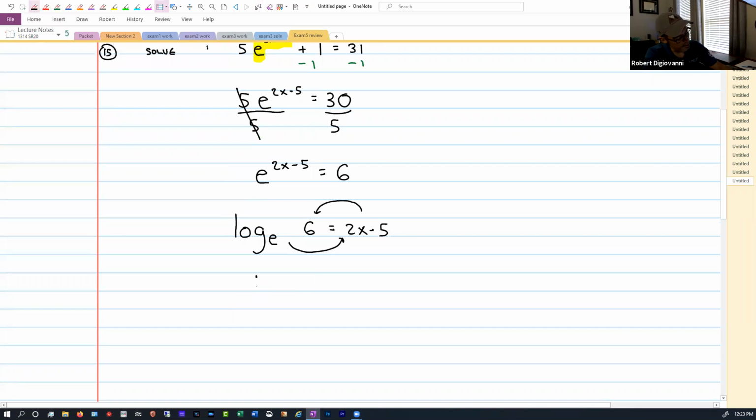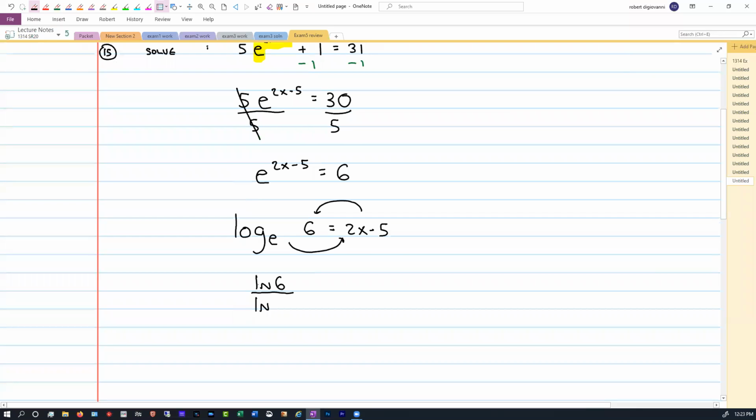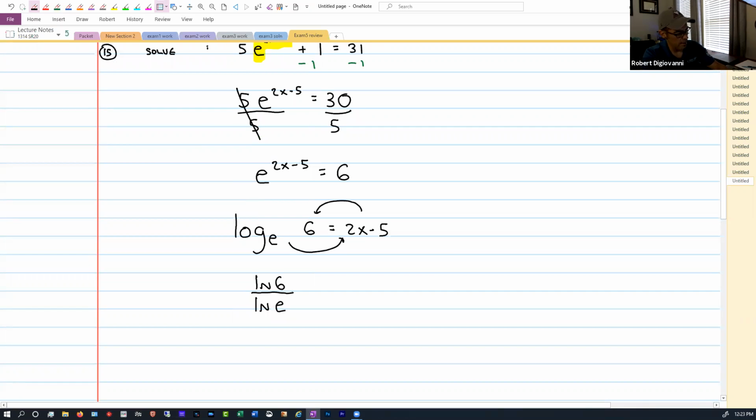So the left side becomes natural log of 6 over natural log of what? What is that? Natural log of e. Okay, so I gave you this example because I wanted you to be able to do this on your calculator. The natural log of 6 you should have no problem with.